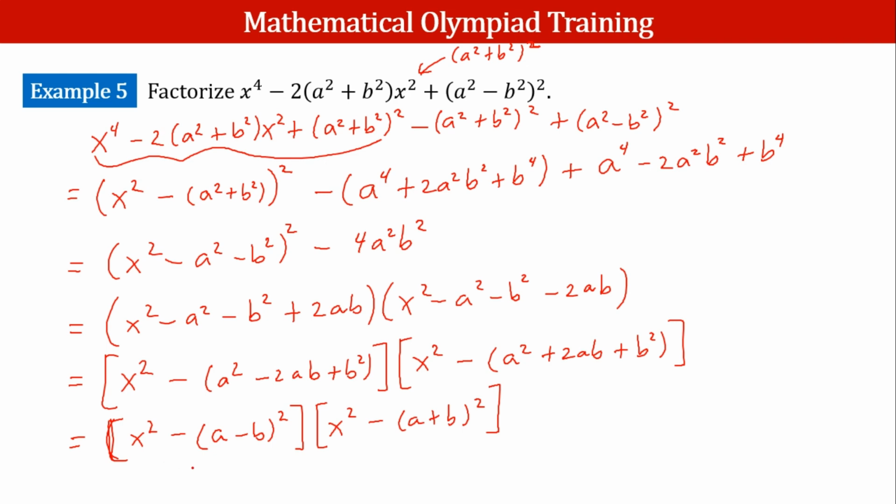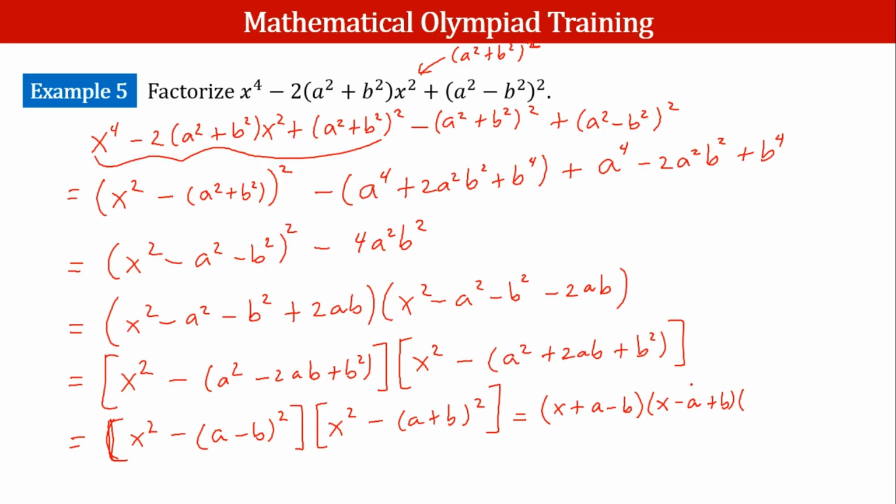So we can factor each of these factors into x plus a minus b times x minus a plus b. So I'm just distributing immediately the negative sign, alright?